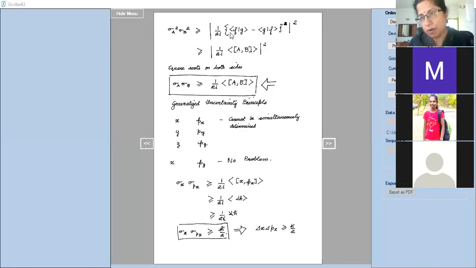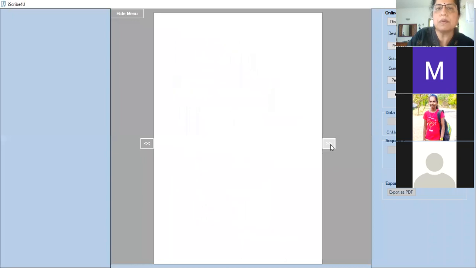All right. So how do we understand uncertainty in terms of a measurement? I will just change the page. The way we see it is that you basically do it like this.